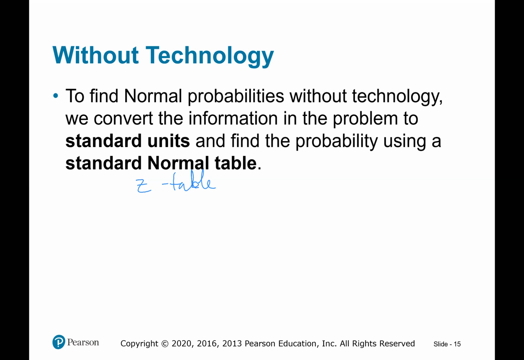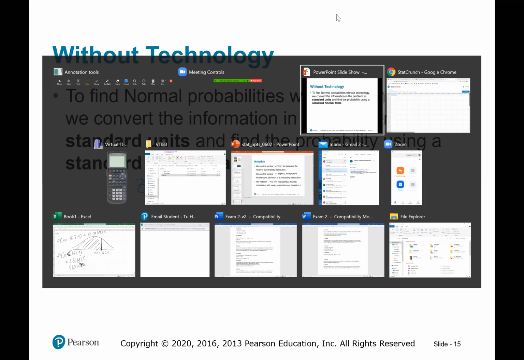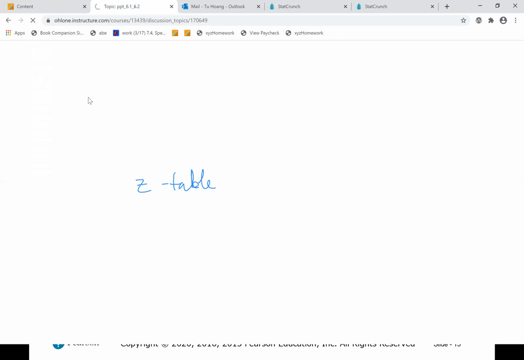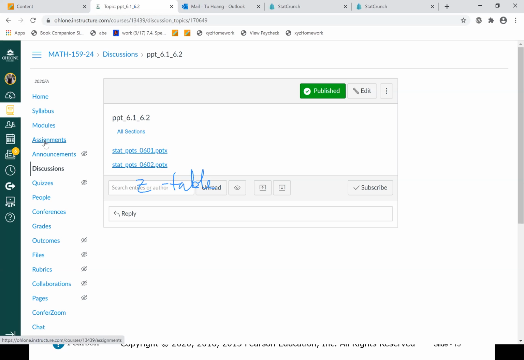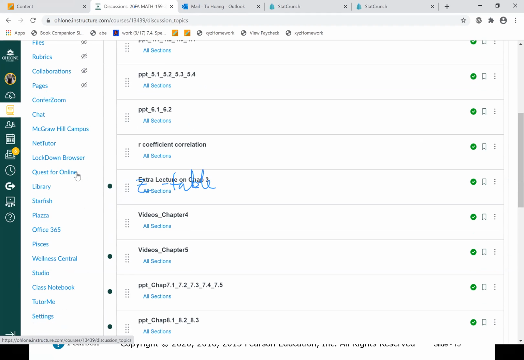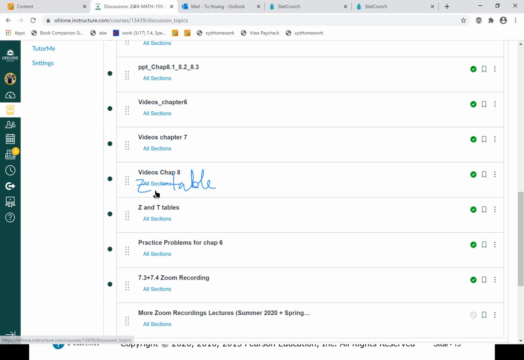If you still want to consider how to find normal probability without technologies, you may take a look at the Z table that I posted on the discussion board. Let me show you the discussion board. Okay, so there are Z and T tables here.